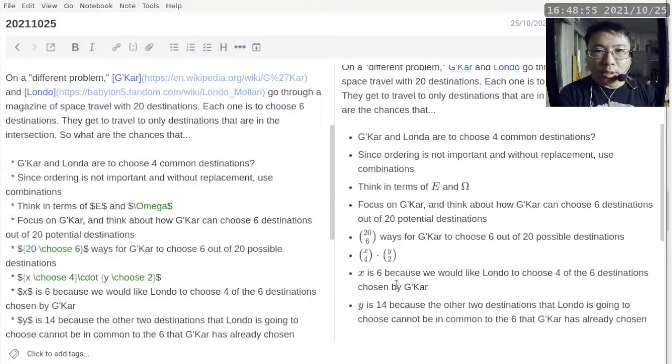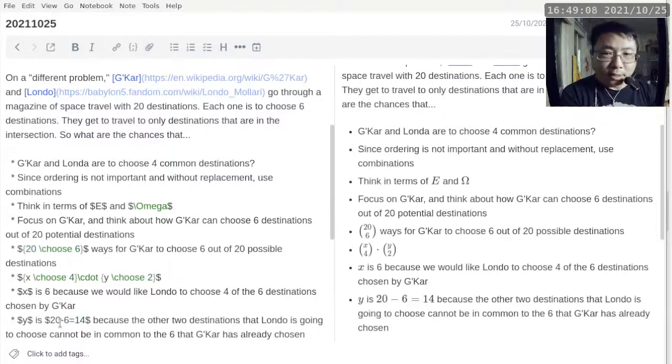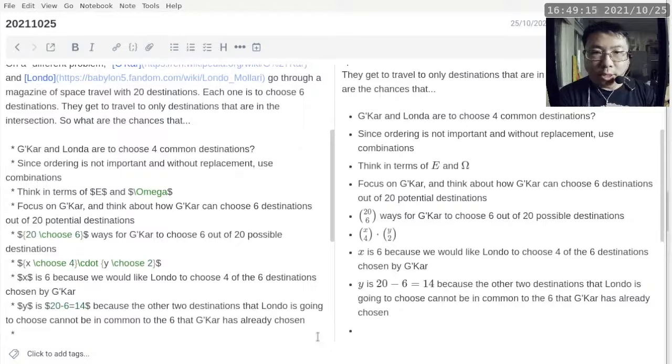Okay, so let me be very clear why it is 14. Because it is 20 minus 6. That is why this one is 14. Okay, I'm going to turn this into an equation. All right, cool. All right, so what is this number?